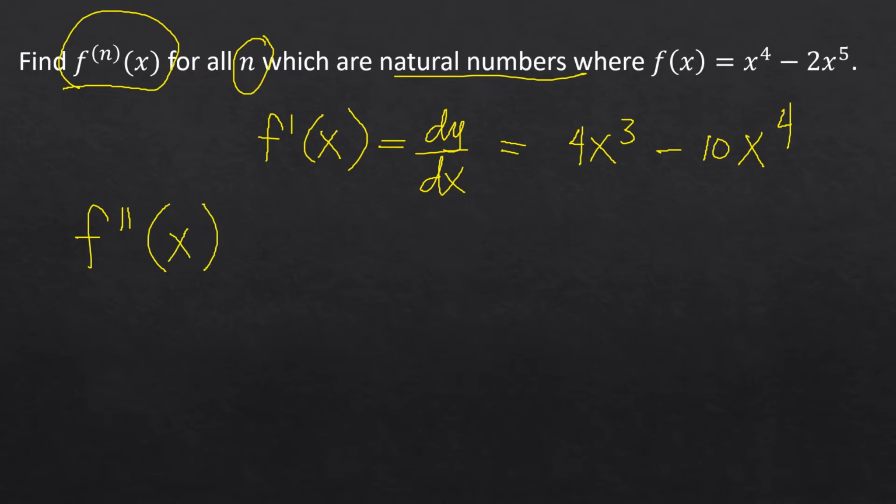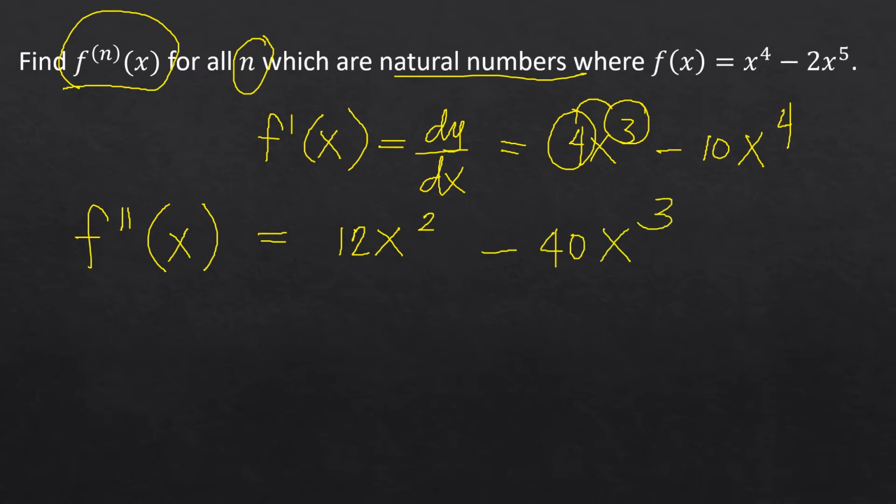Okay? Then, power rule pa rin ang gagamitin natin. So, we have 12x squared. So, 3 times 4 is 12, 3 minus 1 is 2. Minus 40x raised to 3. That is the second derivative. And take note that that can also be written as d squared y over dx squared, and that can also be equated into y double prime.